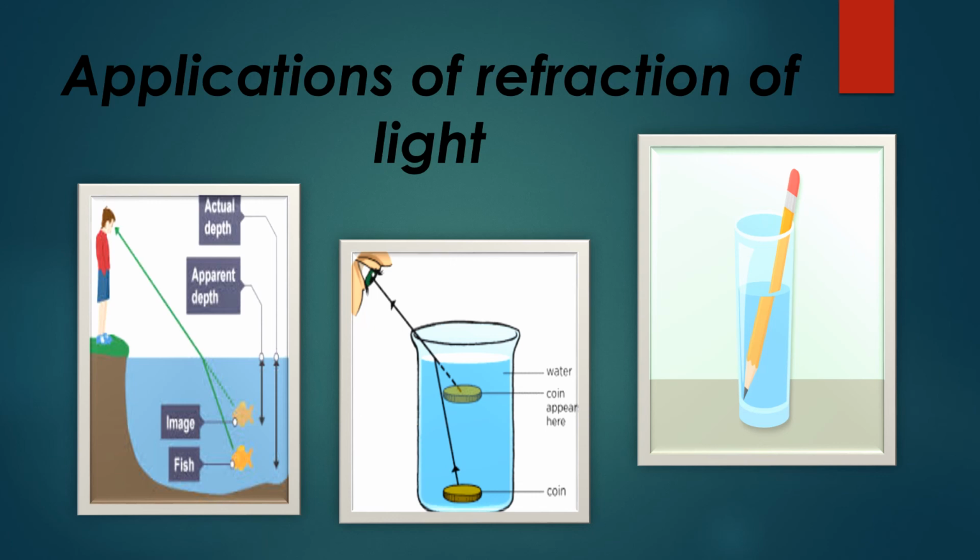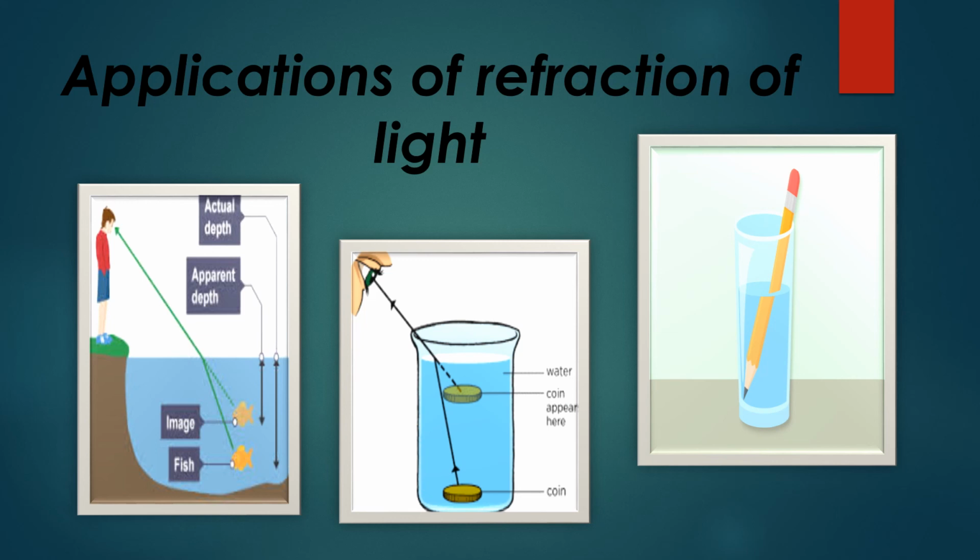As our brain is unable to sense the bending of light, the image of the fish appears near to the water surface. In the second picture, yes, when there is a coin at the bottom of a glass, if we want to see it, yes, the coin appears near because of this refraction of light.